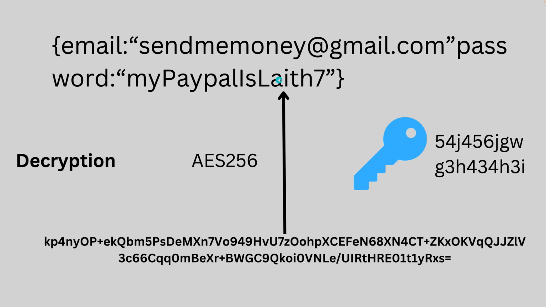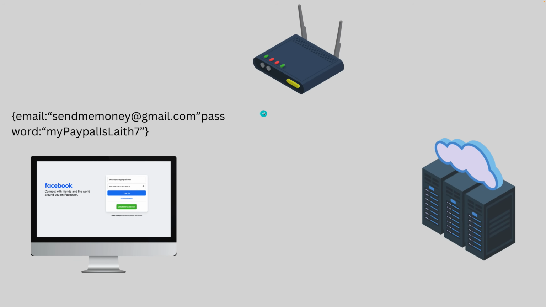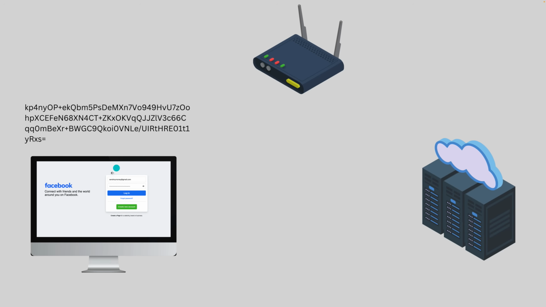Now, why is that important? Well, let's go through our example here. So we have our very sensitive information. Now, instead of converting it straight into binary, let's say that our machine encrypts it first. So now it is this form of text that makes absolutely no sense to you or me unless we have that key.